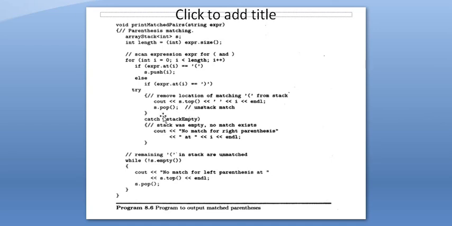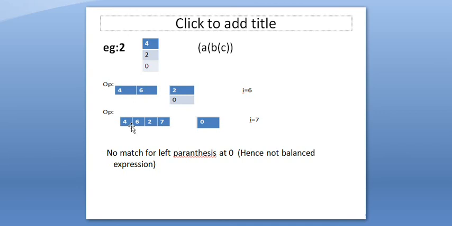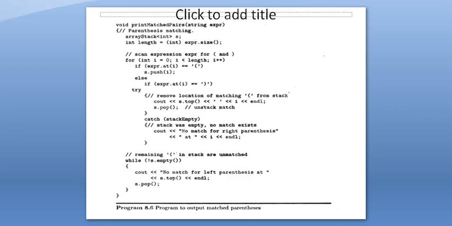Rather, this execution terminates. You don't have any message displayed here. When i is equal to 8, this complete stuff will not be executed at all, and you directly move on to the while statement. So for iteration till 8, it works fine, but nothing happens as such. The positions you will get are 4, 6 and 2, 7, which are valid, but for 0 you don't have its equivalent right parenthesis counterpart.